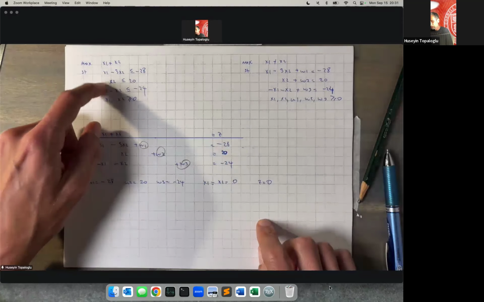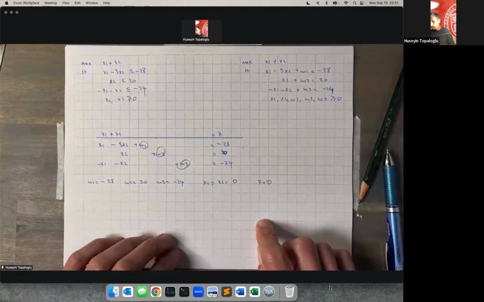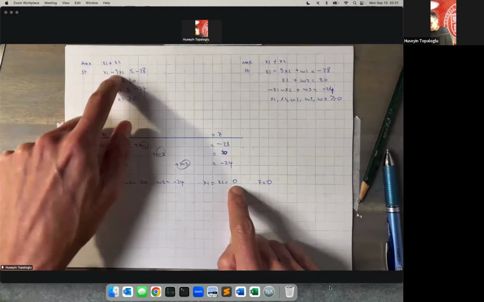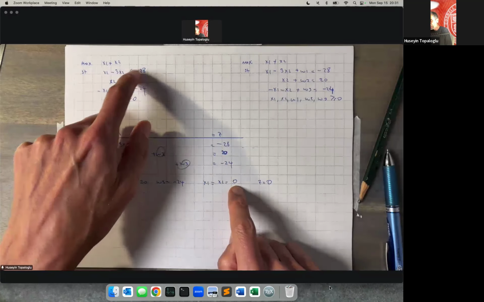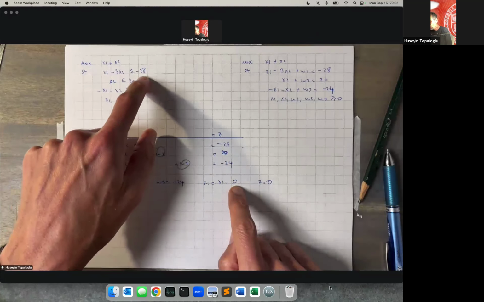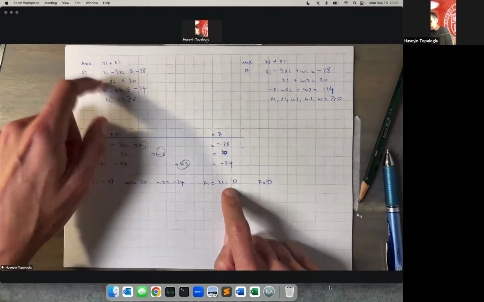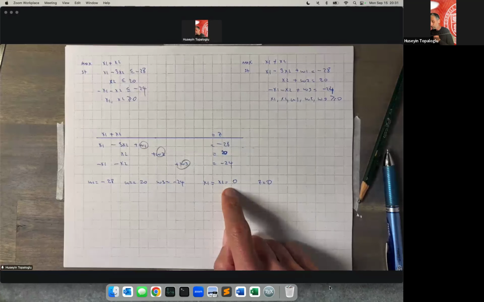Let's check it. Let's check against the linear program with the inequality constraints. X1 and X2 are 0. 0 plus 0, the left-hand side is 0. Is 0 less than or equal to minus 28? No. This solution violates the first constraint, so this solution is not feasible to the linear program that we would like to solve. Okay?